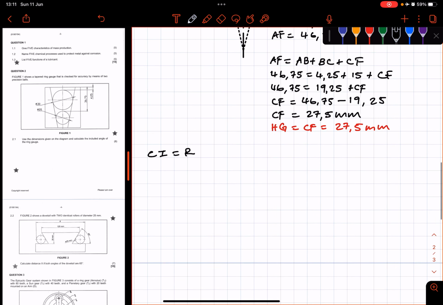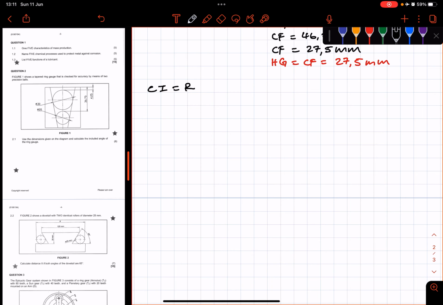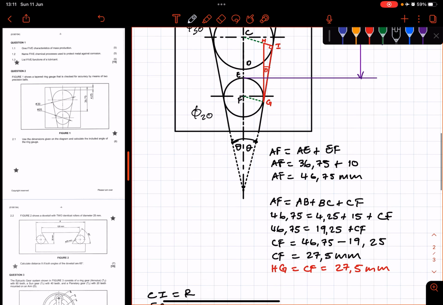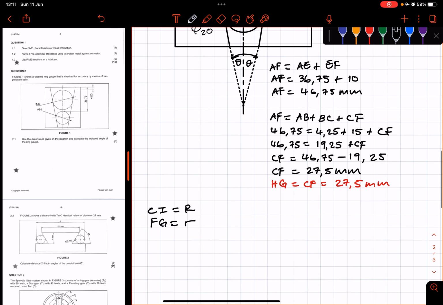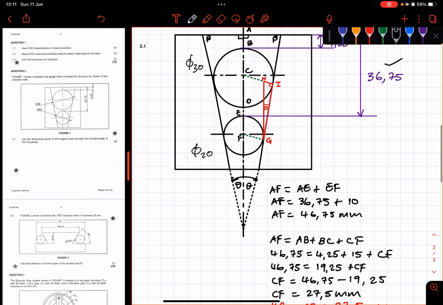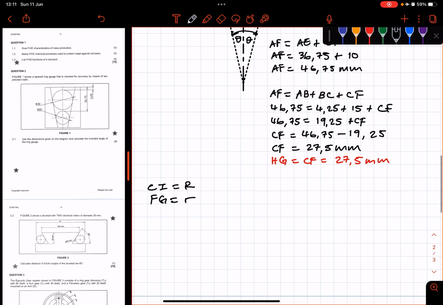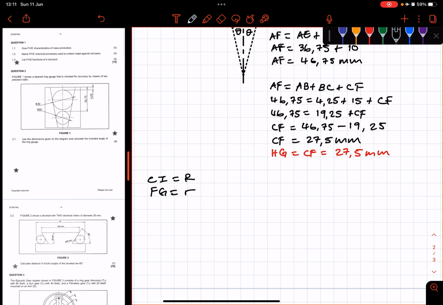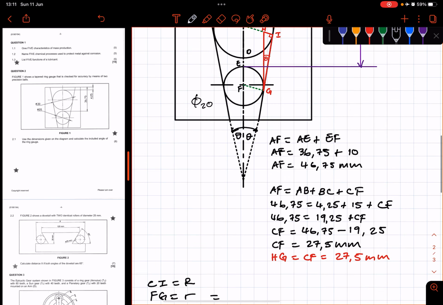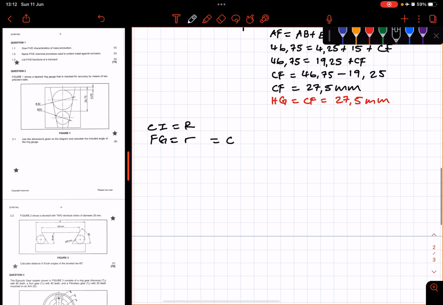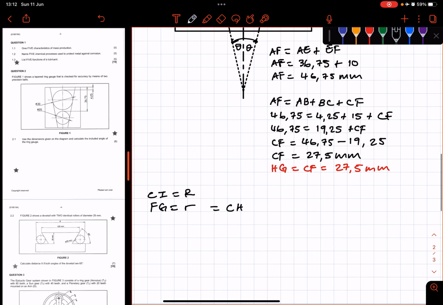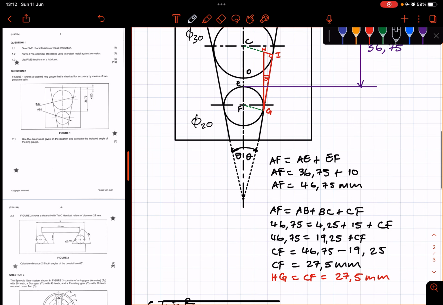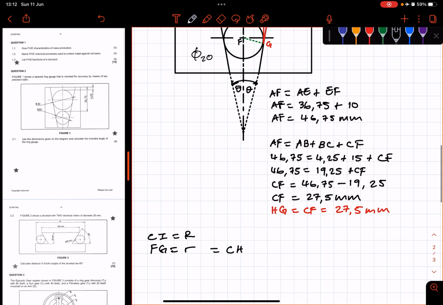And then FG is equal to the radius of the small precision ball, right? FG is also equal to CH, right? Meaning CH is also equal to the radius of the small precision ball.